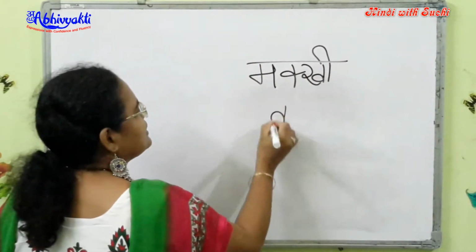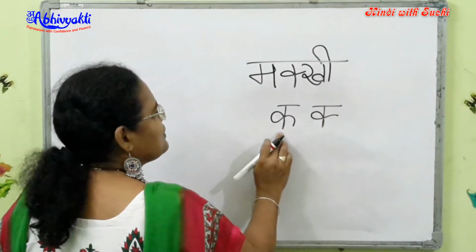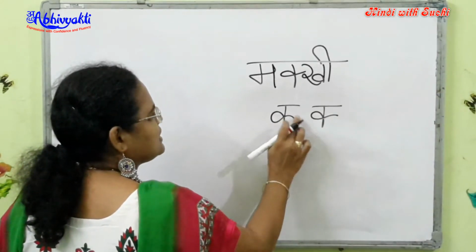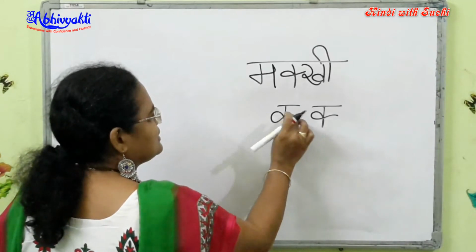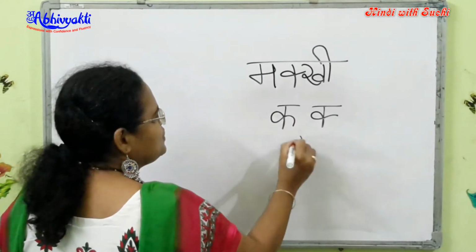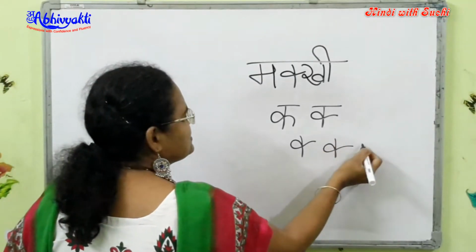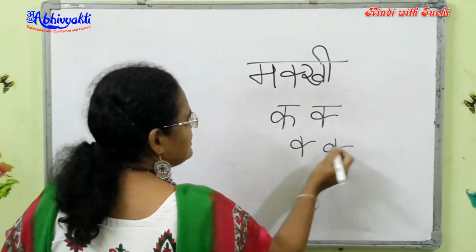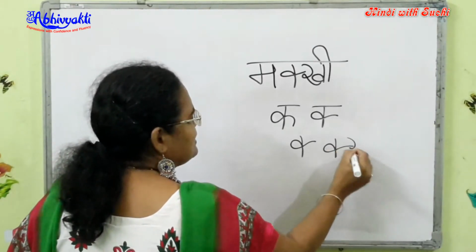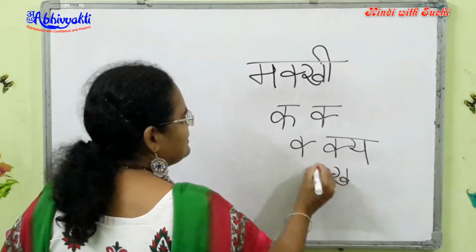Now I have the ka half. So what you do, you cannot take out the stem here because it also has a half curve line to the right hand side. So you are going to just keep it long and straight, horizontal, so that it is ready to join with any other consonant like this.